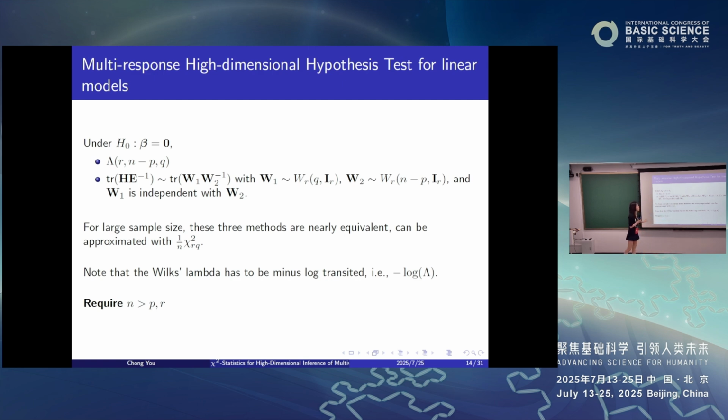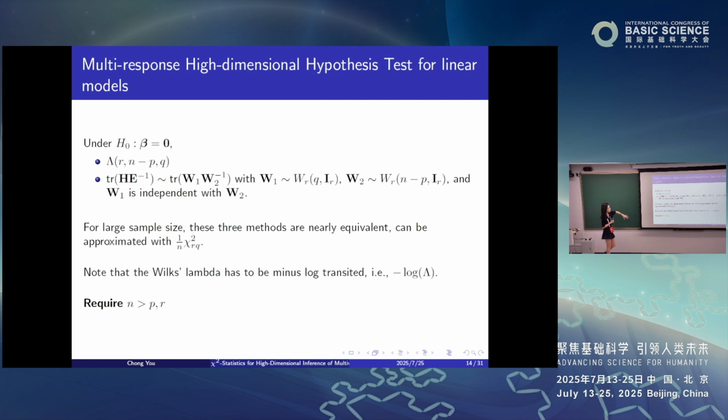But for large sample size, those three methods are nearly equivalent and can be approximated by 1 over n times chi-square with degrees of freedom R times Q. So R here is the number of phenotypes, from the dimension of Y, and Q here is from the dimension of beta B. So it can be approximated by chi-square with degrees of freedom R times Q.